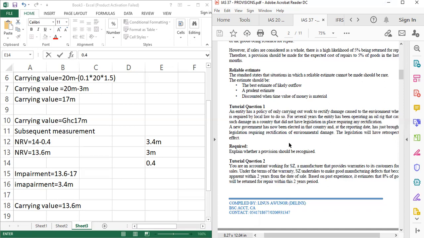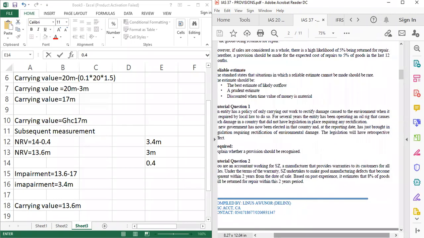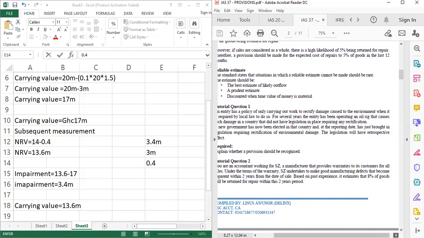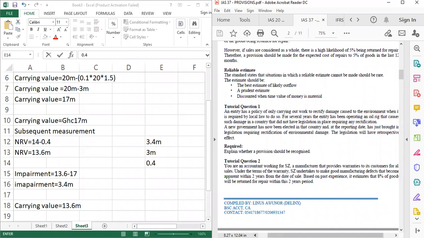Let's look at tutorial question 1. An entity has a policy of only carrying out work to rectify damage caused to the environment when it is required by local law to do so. For several years, the entity has been operating an oil rig that causes damage in a country that did not have legislation in place requiring any rectification.